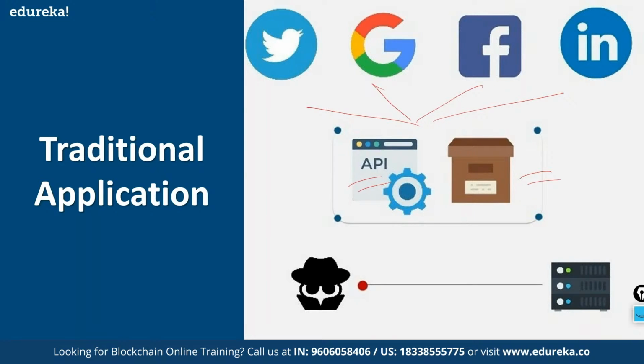Most of the time when you use Facebook or LinkedIn, you see ads popping up as recommendations, asking whether you want to purchase this or that. That means somewhere the data is present with them. That is the traditional problem: you believe that your data is safe and secure, but as you know, your data is not at all safe and secure, and it is sometimes in the wrong hands. That is one of the biggest pain points as of now.